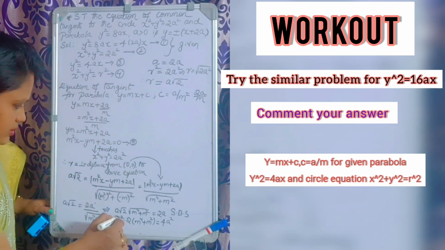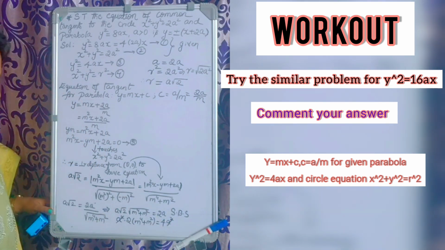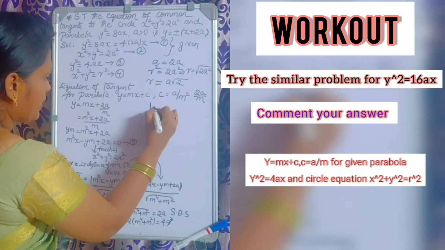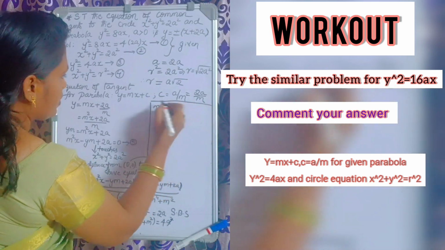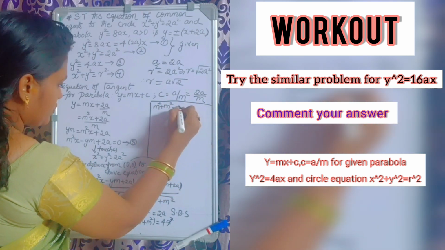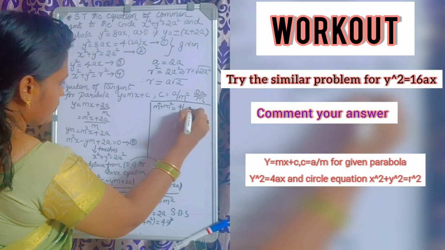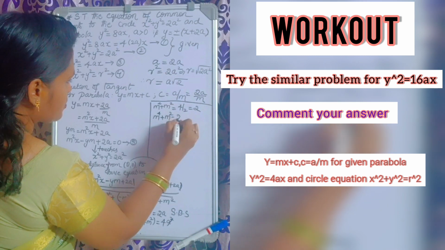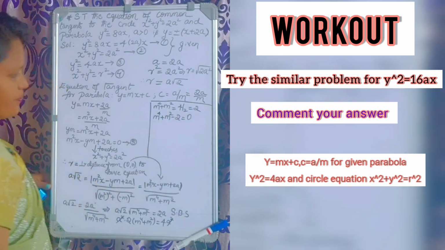This anyway gets cancelled. So what you will get is m power 4 plus m square is equal to 4 by 2, which gives m power 4 plus m square minus 2 is equal to 0.